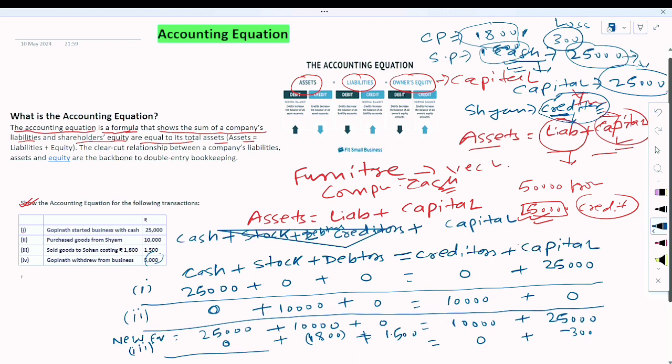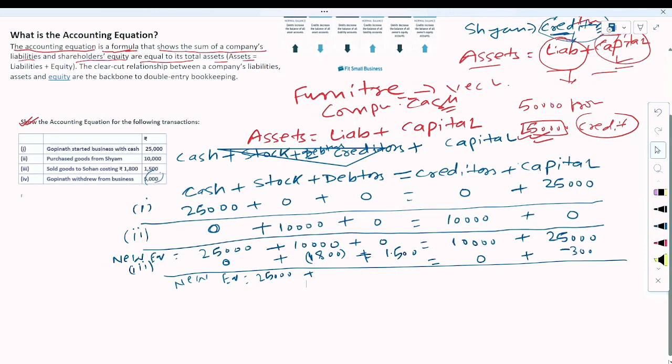Now the new equation, what will it be? Cash will be 25,000 plus 10,000 minus 1800, 8,200, plus 1,500 as the debtors value, is equal to 10,000 creditors value plus 24,700.